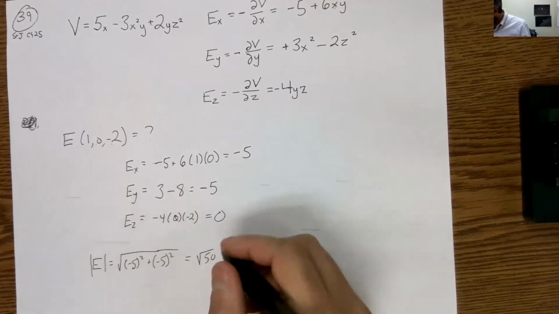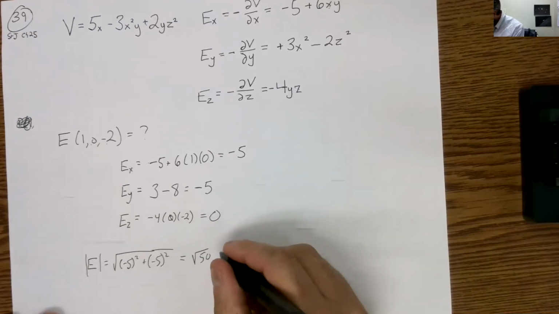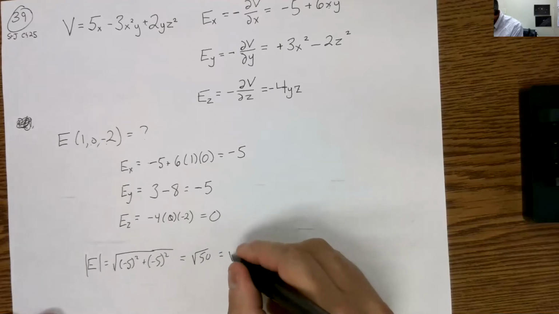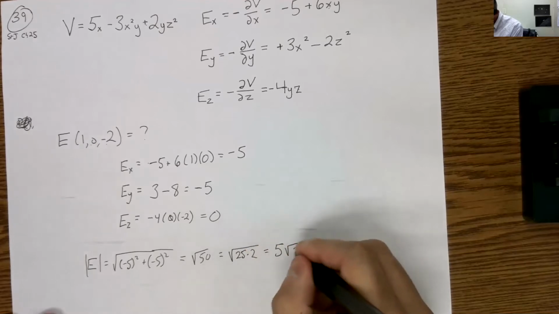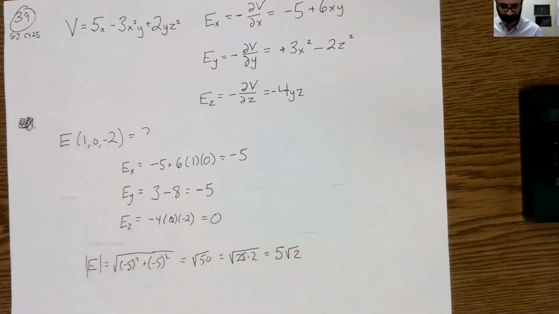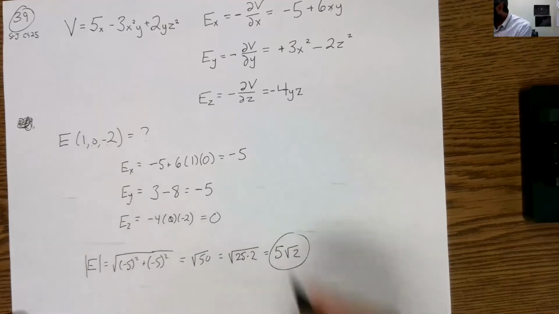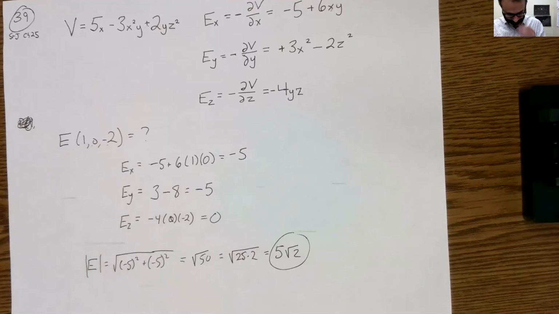That's the square root of 25 times 2, so we get 5 root 2. Which makes sense, right? Because if we have a triangle with 5 on each leg, you're going to have 5 root 2 for the hypotenuse. So that's our answer to part B.